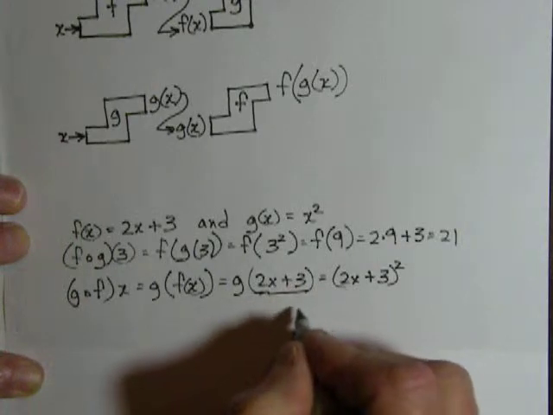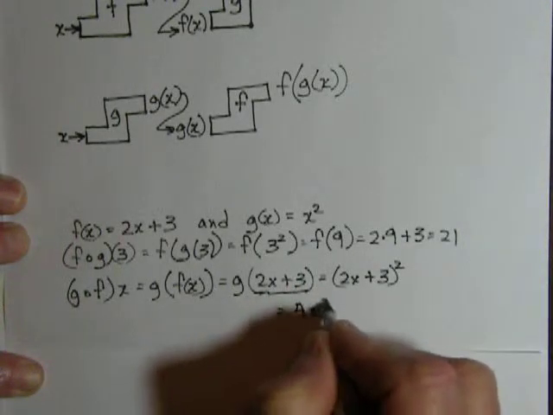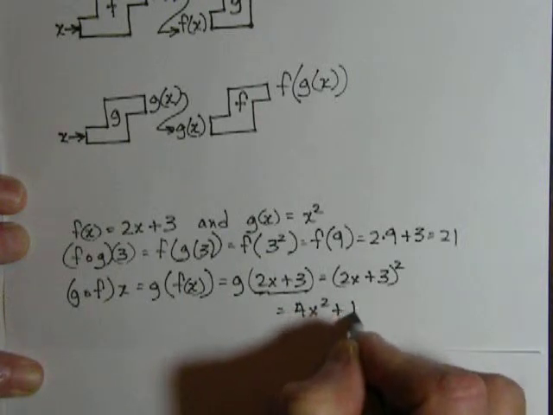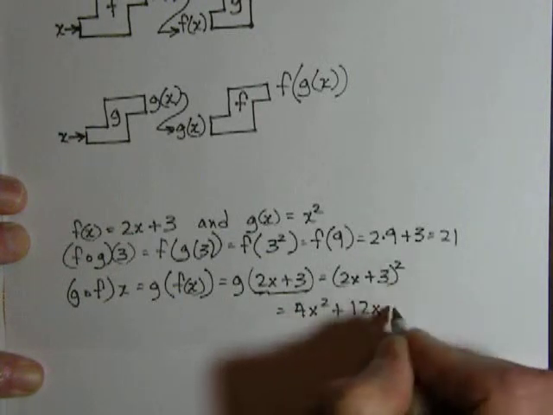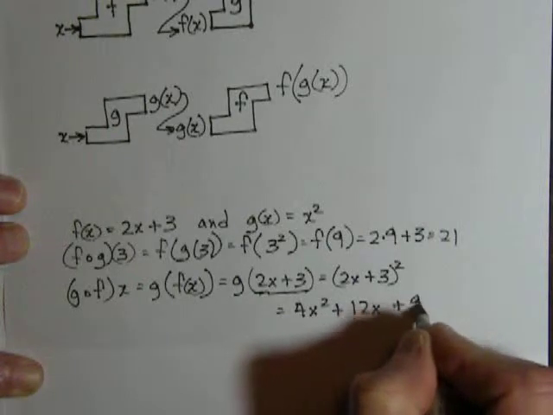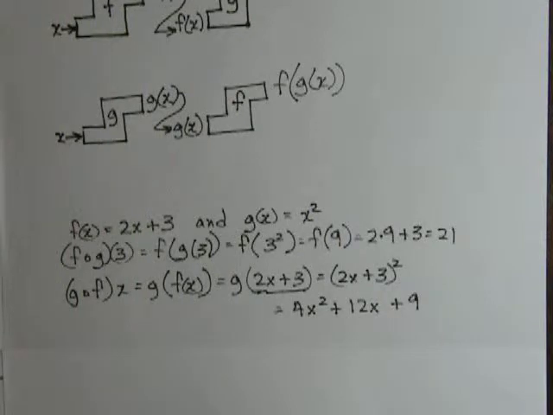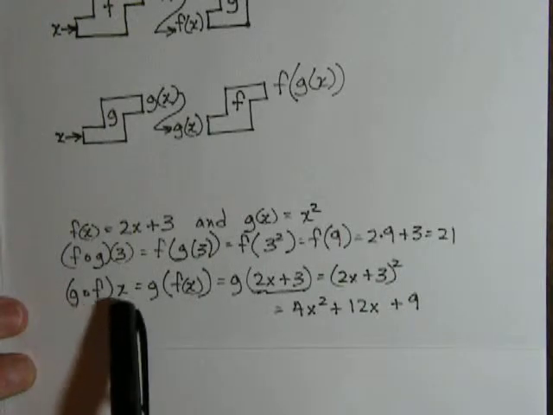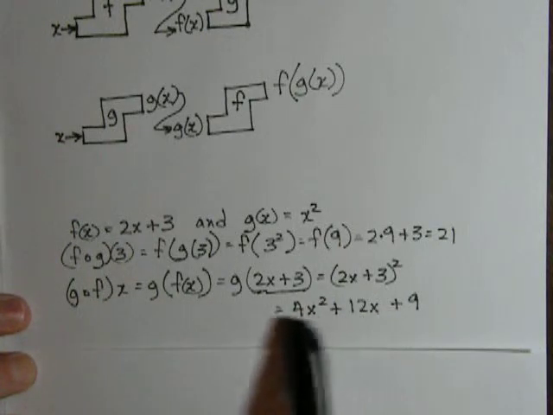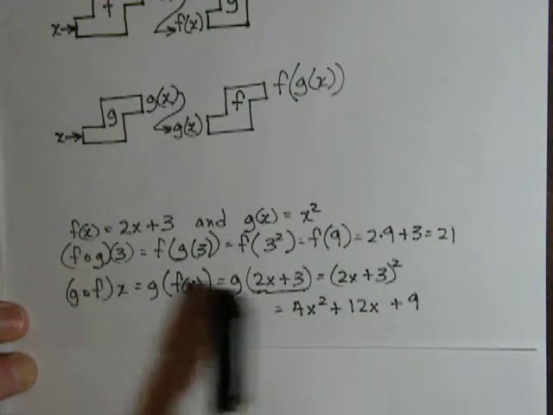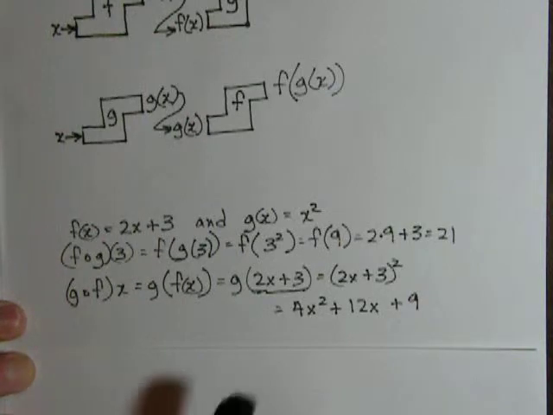And of course, that is going to give me 4x squared plus 12x plus 9. And that is how you apply the composite function. In this case, we did g circle f of the variable x, so we got an answer involving x. If we had plugged a particular number in, we would have got a particular number for our answer.